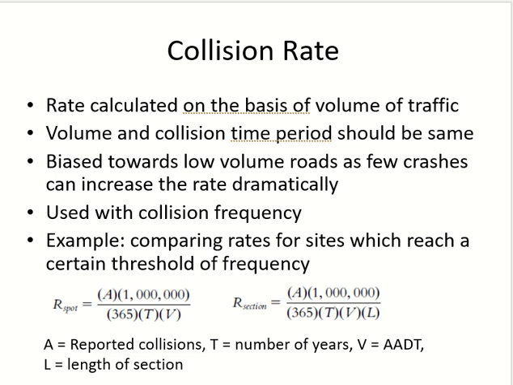Let's consider the easier case: 10 crashes, 10 crashes. This one has 10,000, this one has 1,000. Obviously this method will show the rate of this side to be much higher than the other side. But the real number is the same.